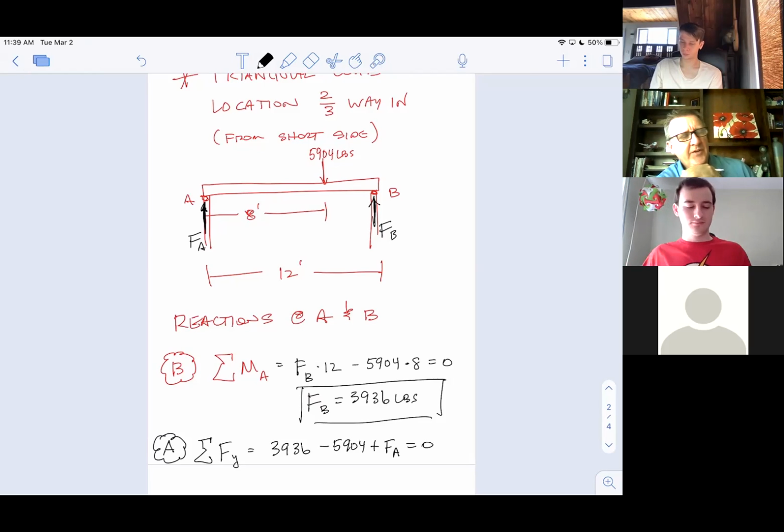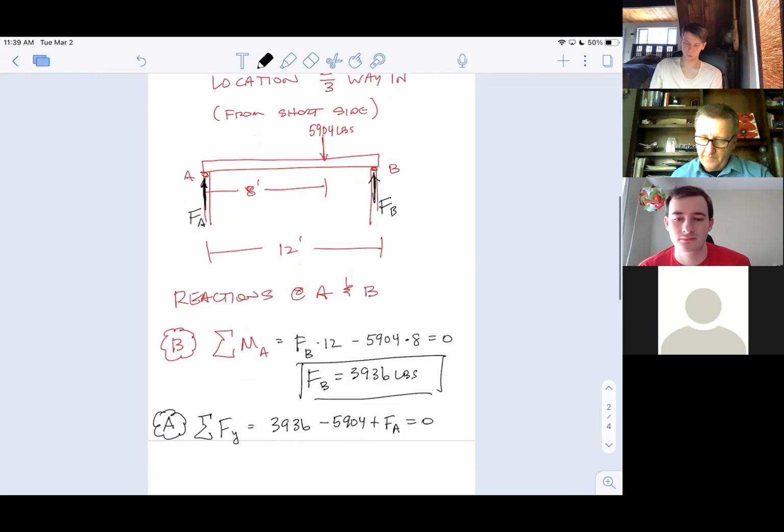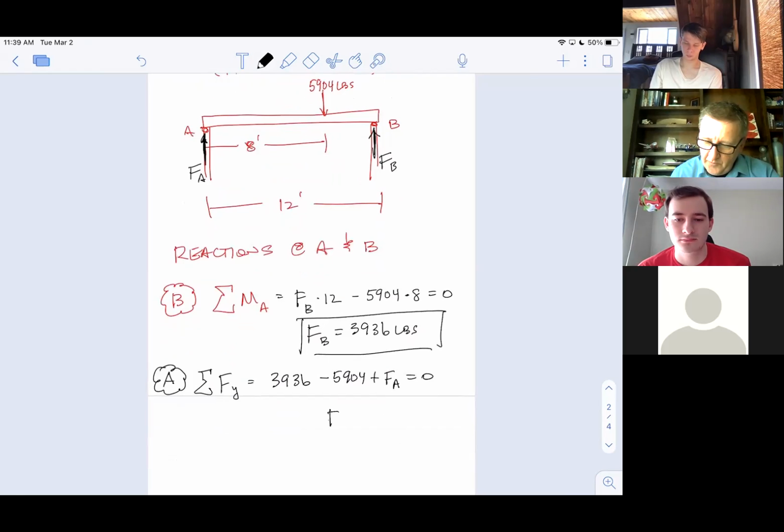Again, you can get this one by logic. Clearly, 5,904 minus 3,936. So that means the force of A would be 1968.